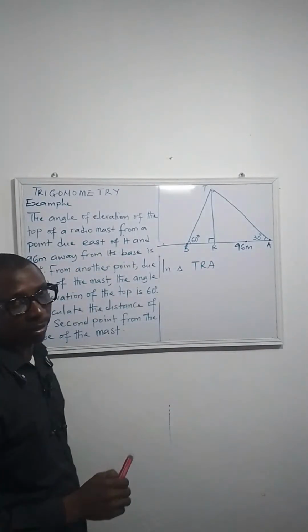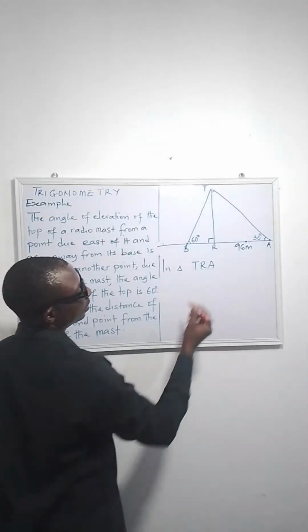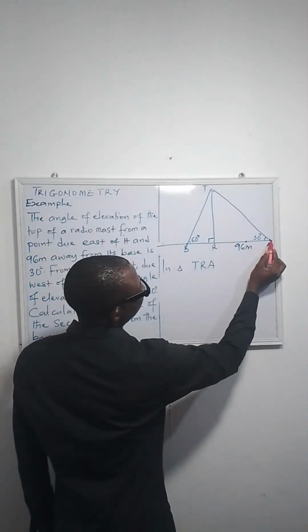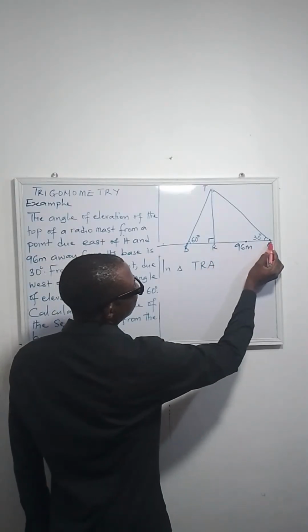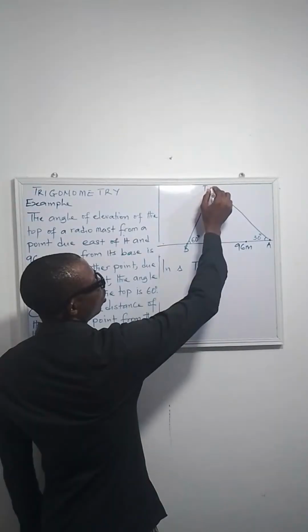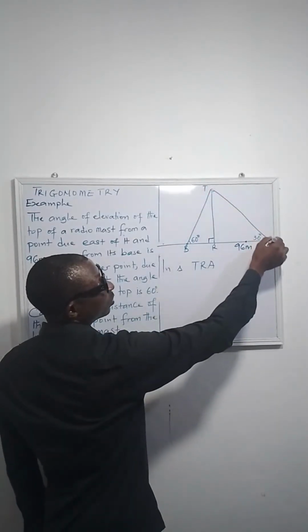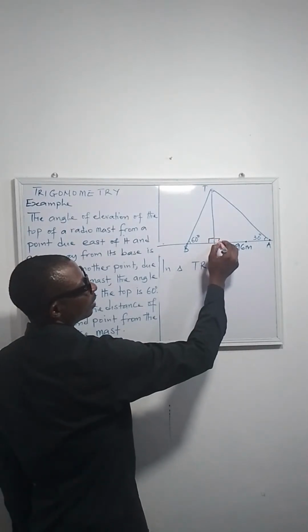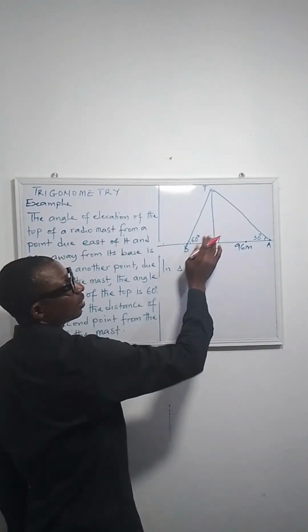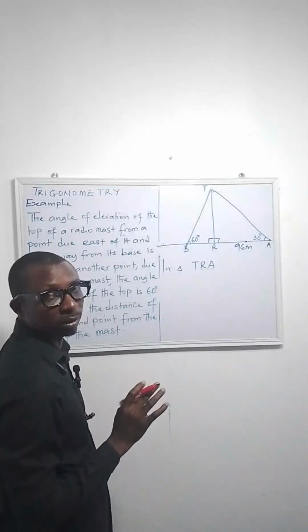This is the side that is touching the right angle and the reference angle, so this is adjacent. This is opposite. This is the hypotenuse, the side that is facing the right angle.